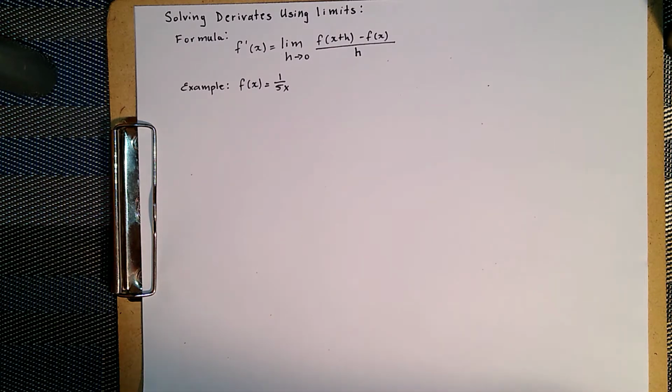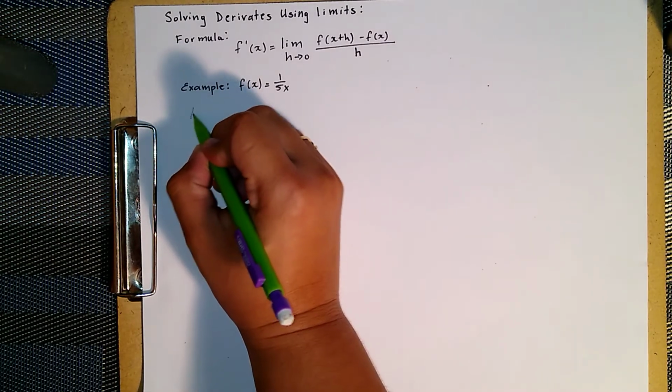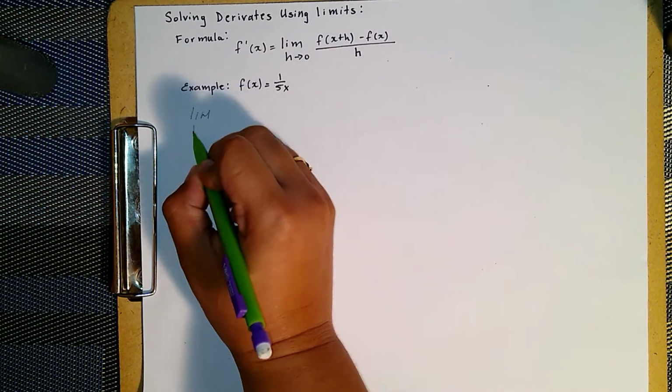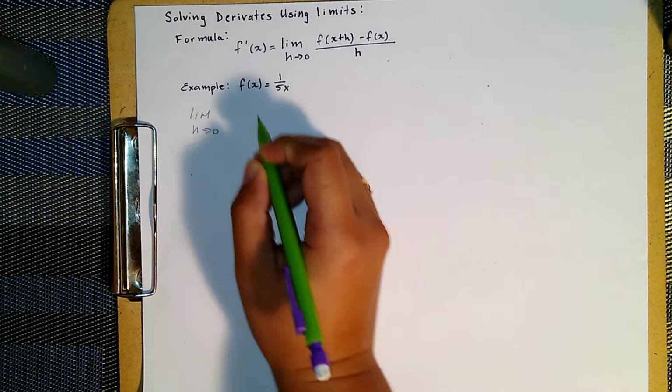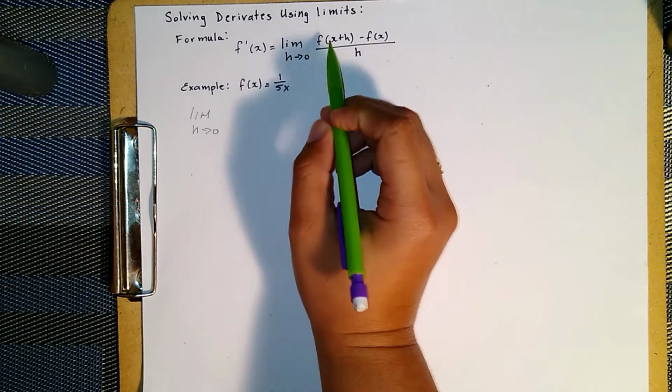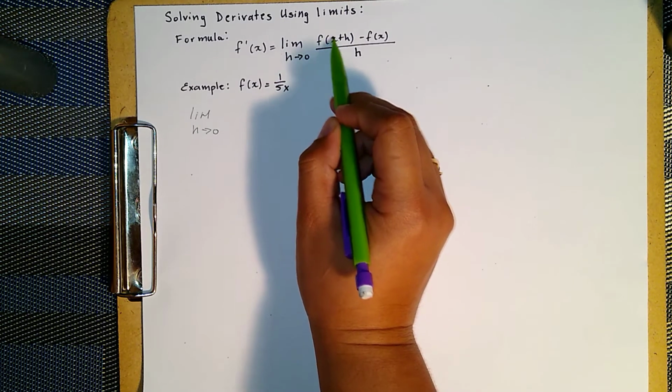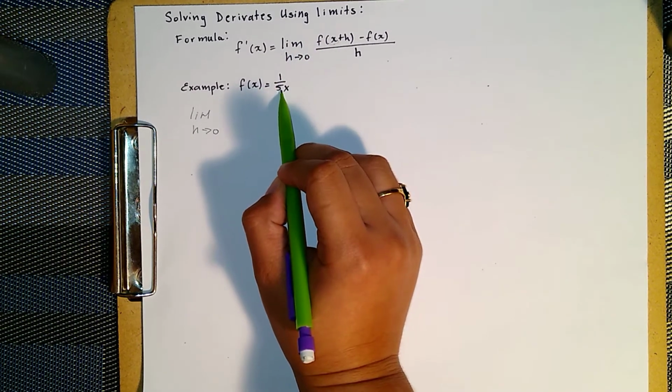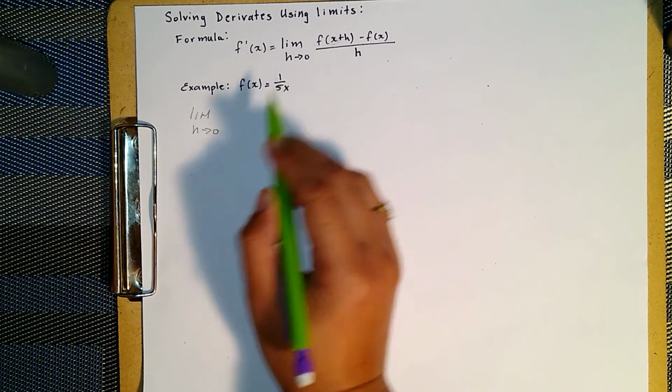So how we approach this is we write the limit of h approaching 0. Wherever there's an x, we're going to substitute it with the 5x.